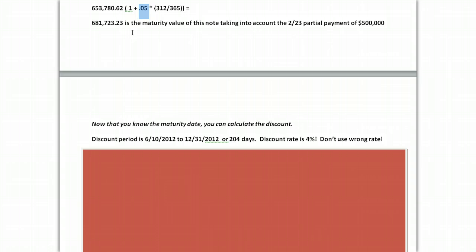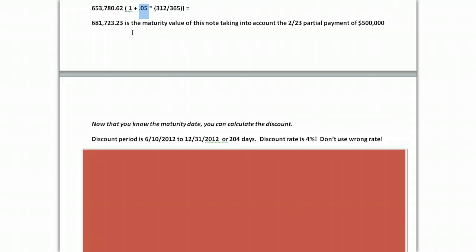But when you take your note into the bank and say, I want to sell this to you, the bank doesn't care what the interest rate on that promissory note is. All the bank wants to know is how much money is the bank going to make on this transaction. And so the bank figures it out using the discount rate.